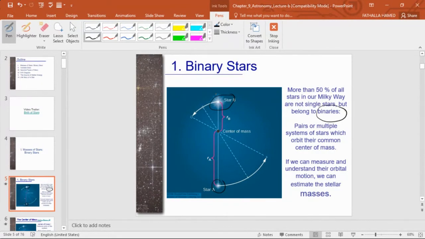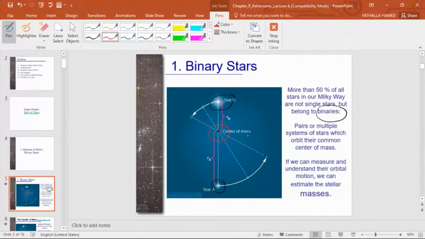So in this case, we'll say that both stars will find a common center of mass, and they will orbit around this common center of mass. That means it's not one star orbiting above the other star, but they're actually orbiting around a center of mass. Things always move around a center of mass.